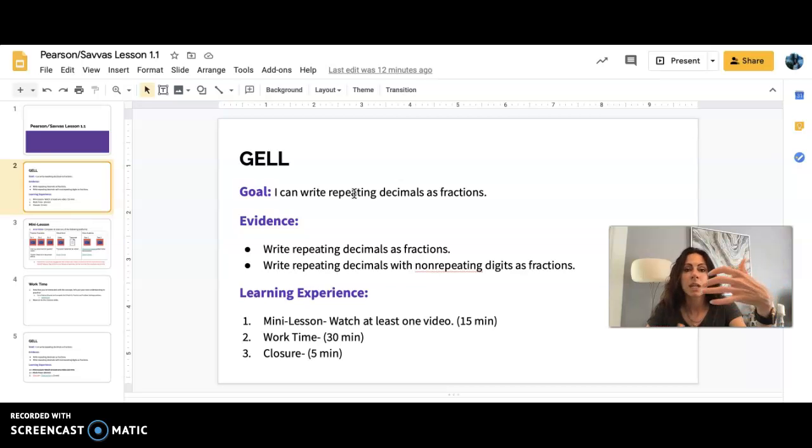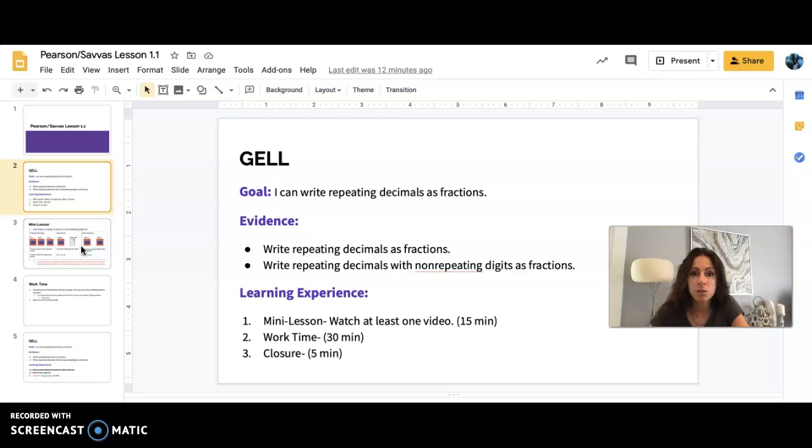So we're taking something semi-low stakes. You know what decimals are, you know what fractions are, and we're asking you to engage in a multi-step process to be successful. You'll know you're successful when you can write repeating decimals as fractions, and you can write repeating decimals with non-repeating digits as fractions.